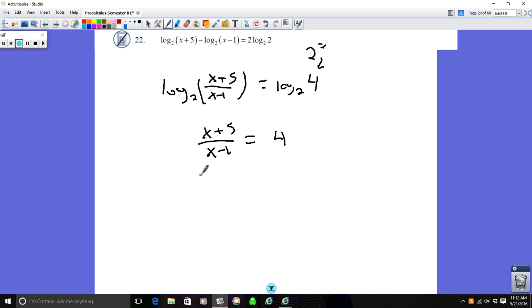Cross multiply and solve. We have to get rid of this x minus 1. So we have x plus 5 equaling 4x minus 4. Get the x's over to one side and the numbers to the other.